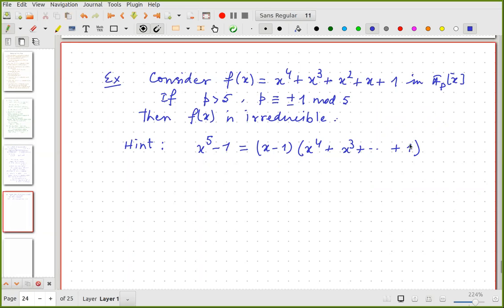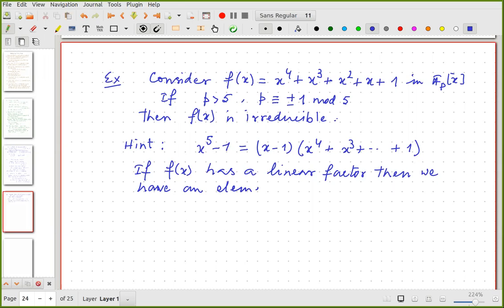If f has a linear factor, it need not have a linear factor, but if it has a linear factor, so it has a root, then we have an element of order 5.